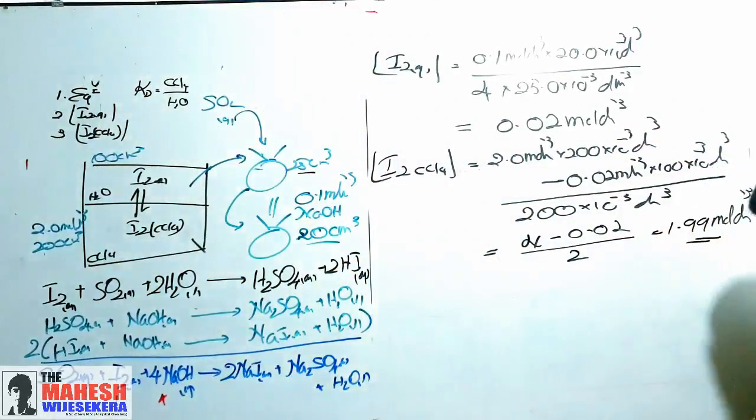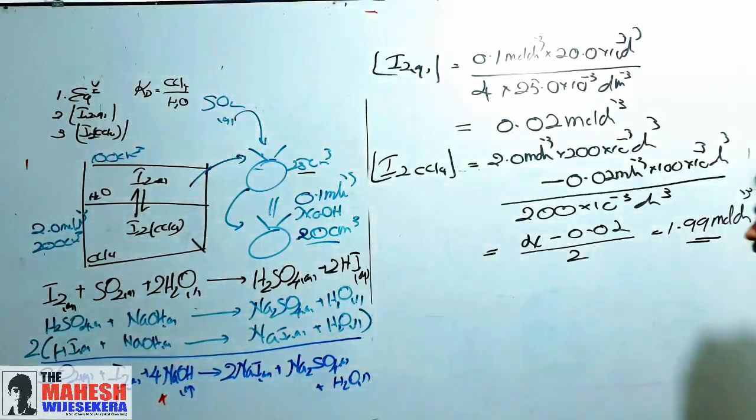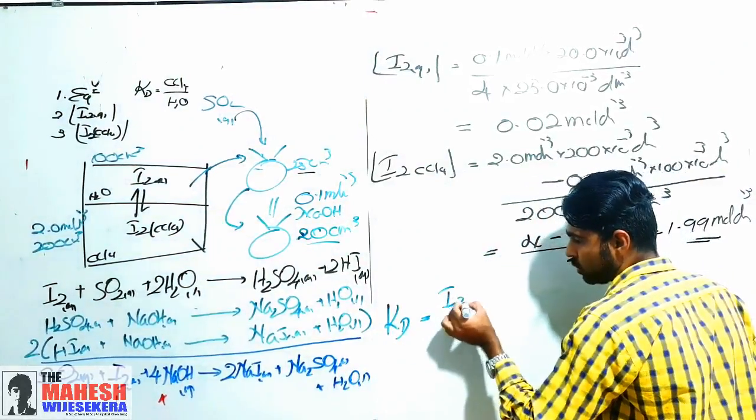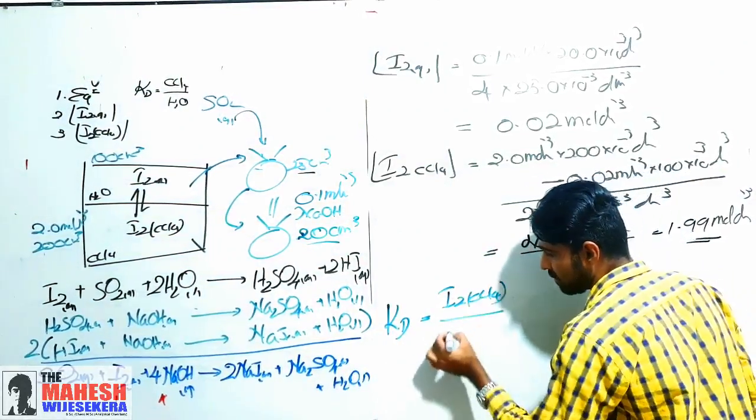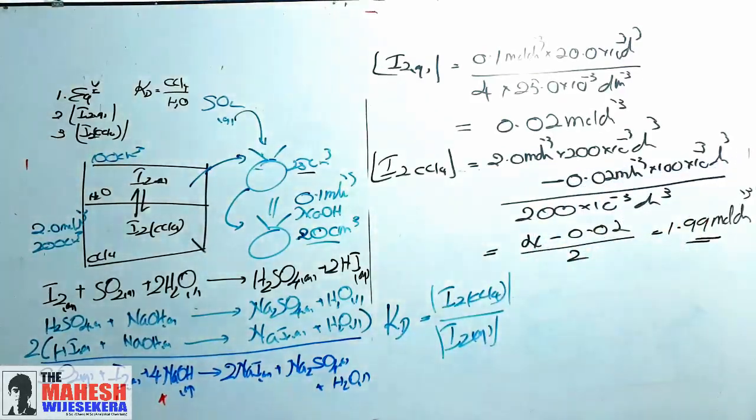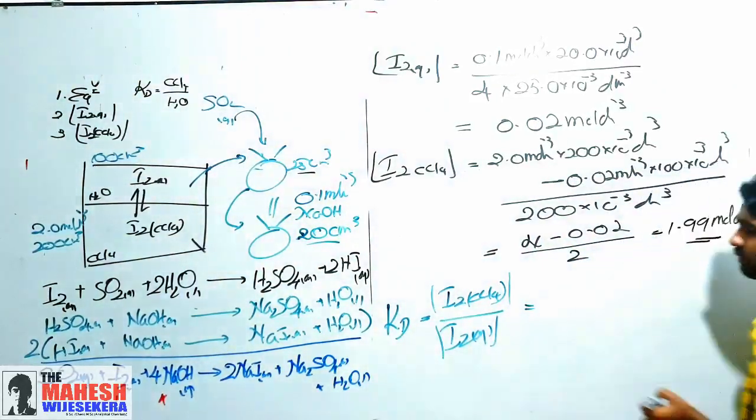Then they are asking for Kd. What is Kd? Kd is equal to I2 in CCl4 divided by I2 aqueous, the distribution between CCl4 and water.